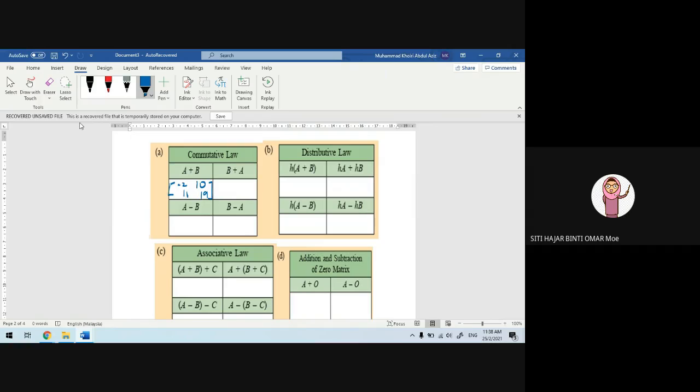Okay, on the right side, negative 2, 10, 11, and 19. Okay, for subtraction, check your answer together.